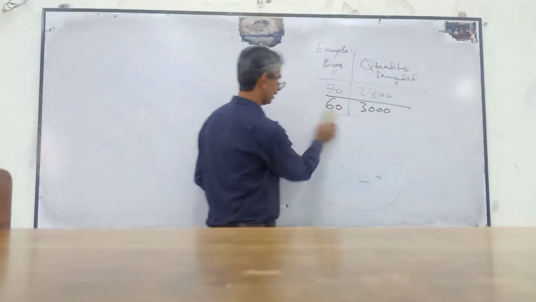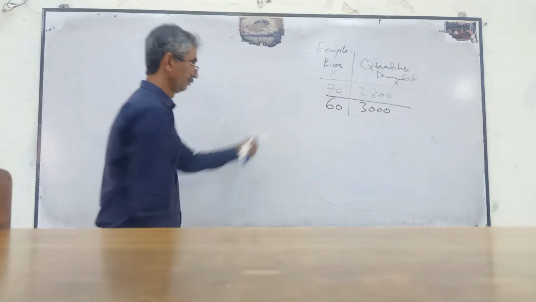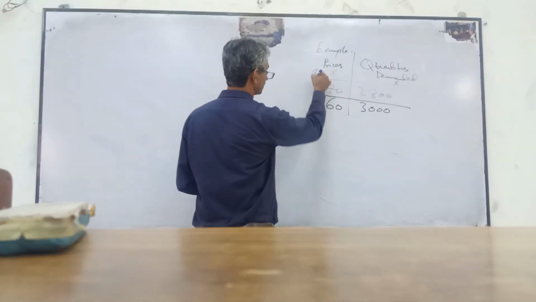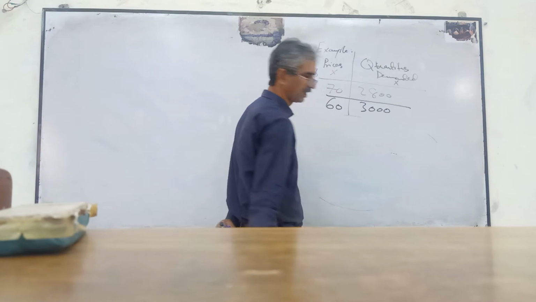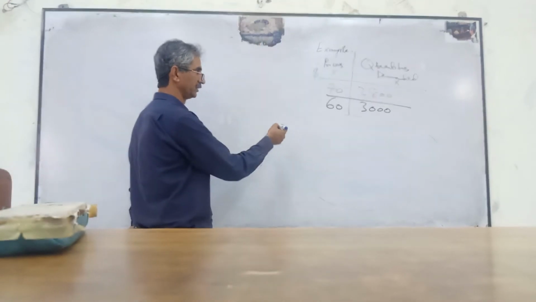As we know, our data is not in percentages. You can see that the prices are in dollars or rupees, and the quantities are in kgs or liters or meters. So first we need to convert them.